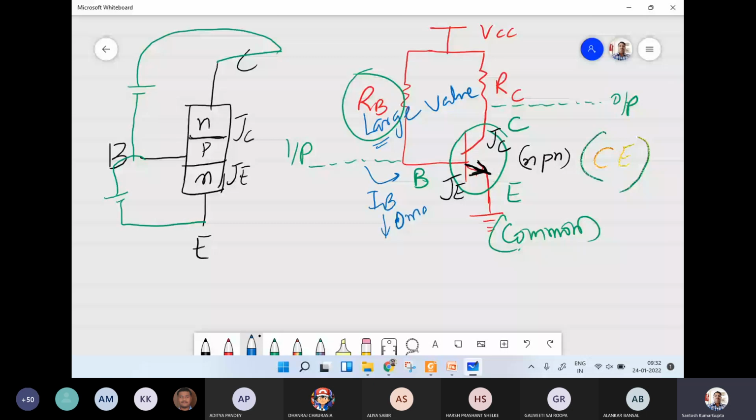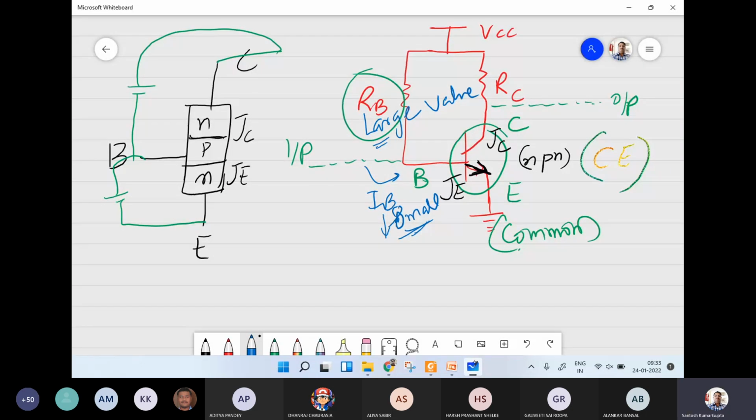We cannot make IB too large. So IB is small means we need to apply a large resistance RB. So the RB voltage is large enough.